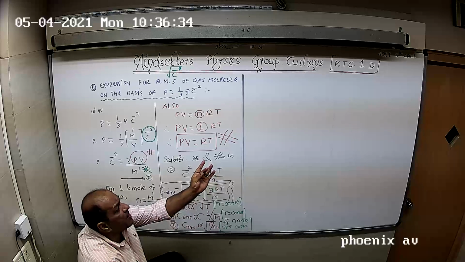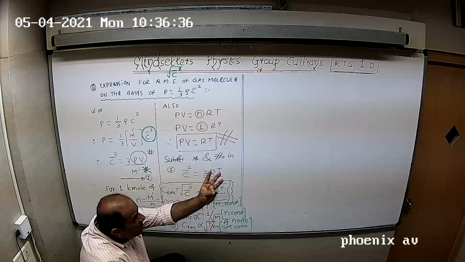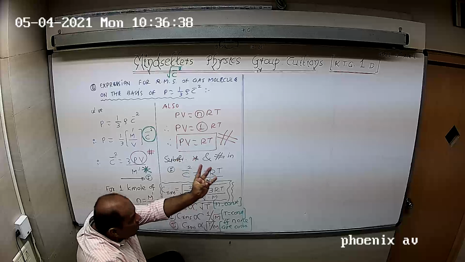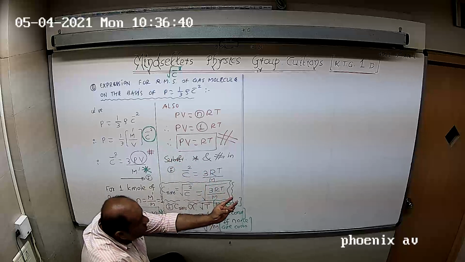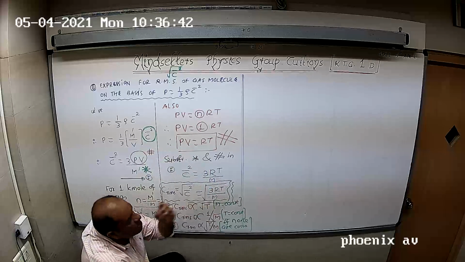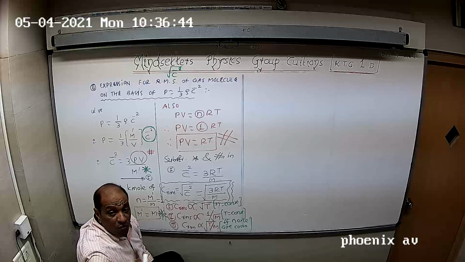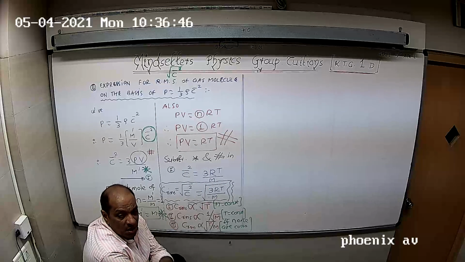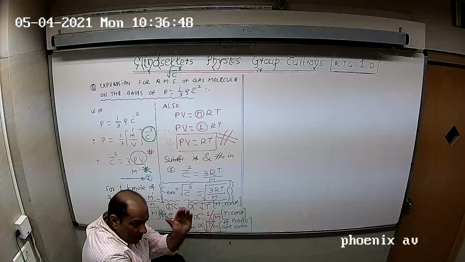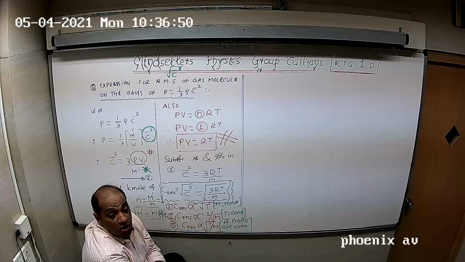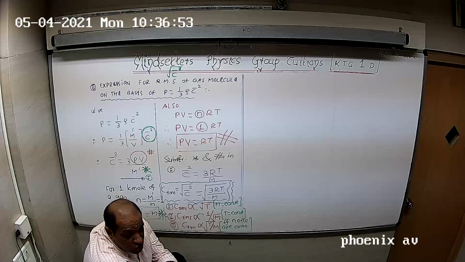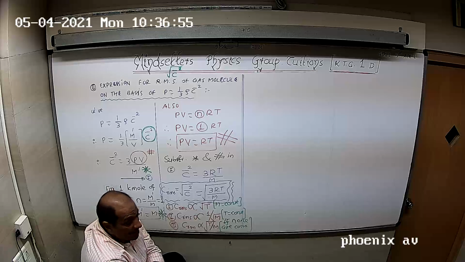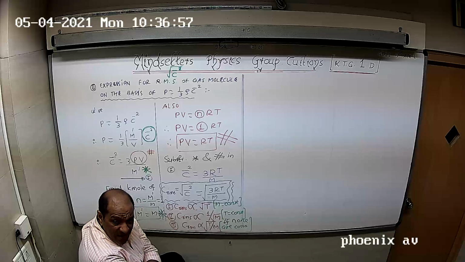Hydrogen, helium, nitrogen, oxygen. Hydrogen molecular weight 2, helium molecular weight 4, nitrogen molecular weight 28, oxygen molecular weight 32. Which gas molecules will move faster? Hydrogen. And among these four, which will move the slowest? Oxygen. Heavy people go slow, lighter people go fast. They can run fast. Are you getting my point?